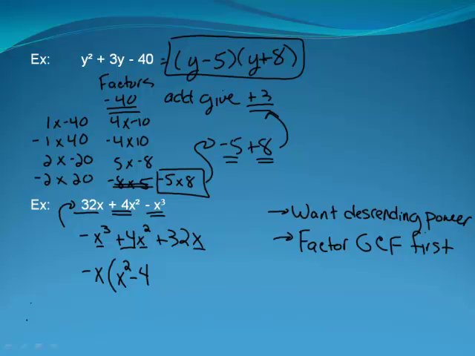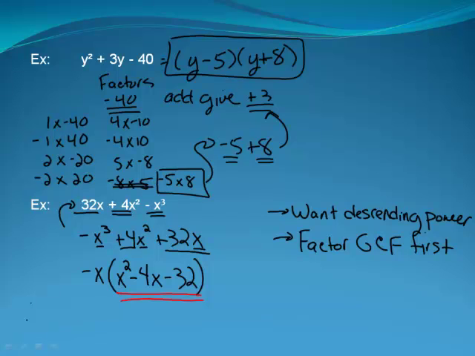It changes the sign. We had 2 x's, we pulled out 1, we're left with an x. And out of this last term, we pulled the x out and we changed the sign. 32 divided by negative 1 is negative 32, but the x is gone. Okay, now just like with factoring by grouping, after you factor out a greatest common factor, you then want to ask yourself, is there something more I can do with the group that's left?